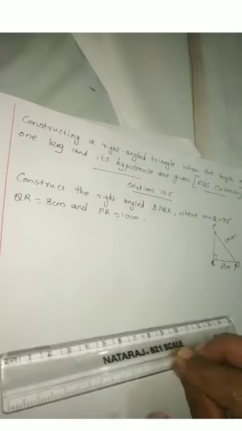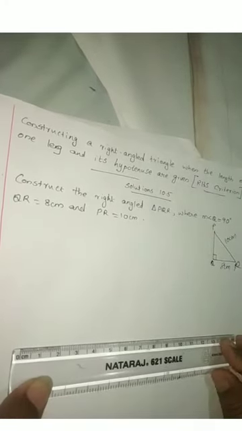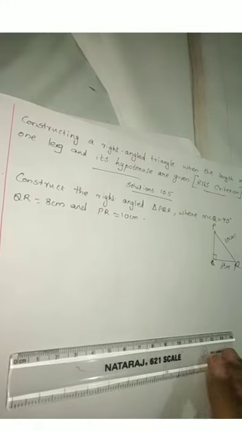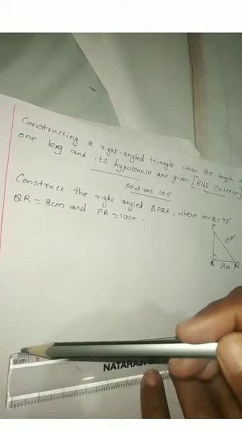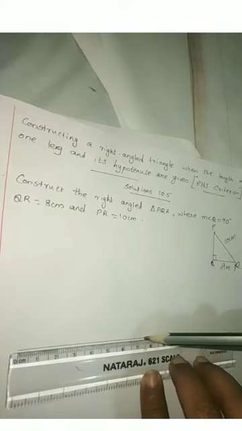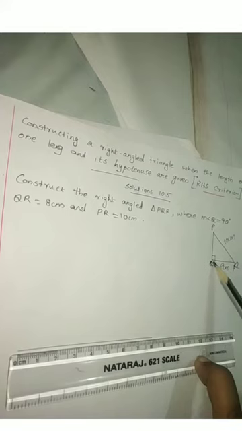How can we draw this? First, we can take a scale and draw 8 cm up to here. Okay, but we have to draw a perpendicular line, so we can extend this length.